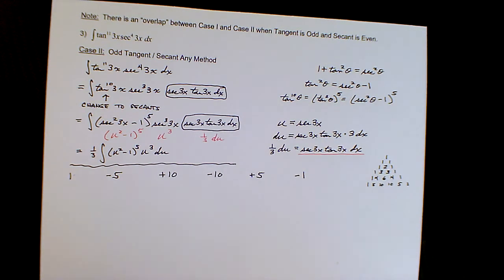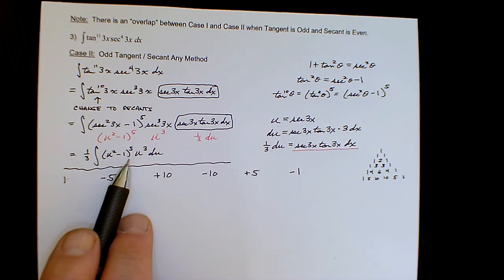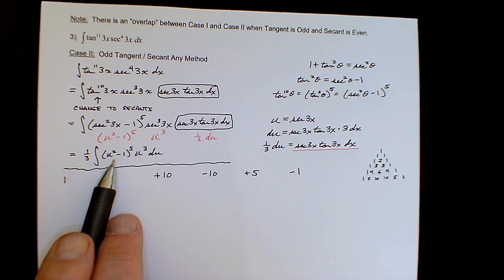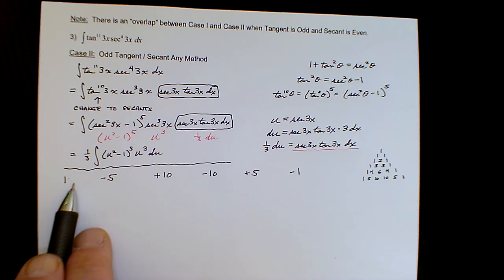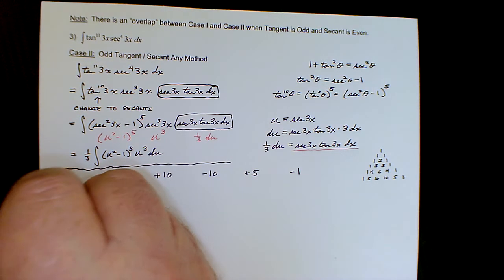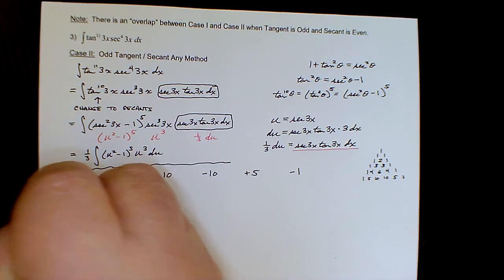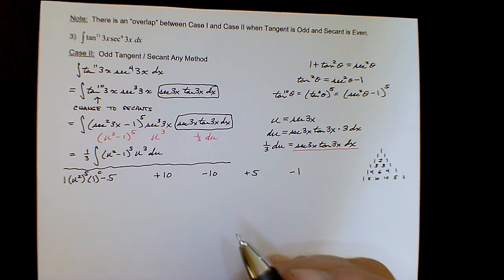In the past, this binomial was of the form either 1 minus u squared or 1 plus u squared. But now it's u squared minus 1. So when you deal with the pattern of the powers here, it's the first term u squared that gets raised to the nth or the 5th, and the second term 1 that gets raised to the 0. So make special note of that.